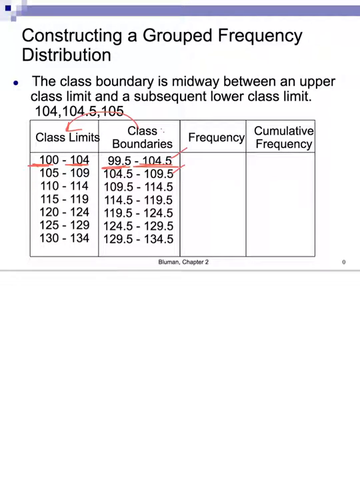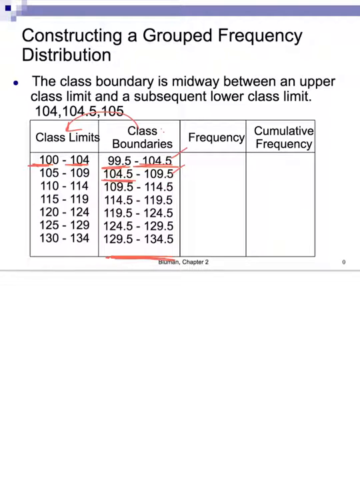Now these here should overlap a little bit. As you can see, 104.5, we start the next one off at 104.5. Okay? So what we're ensuring is that our classes are continuous. They are going to fall within our boundaries here, all of the data values.